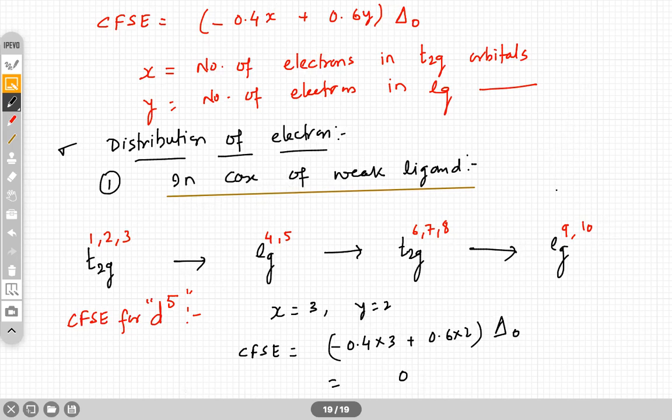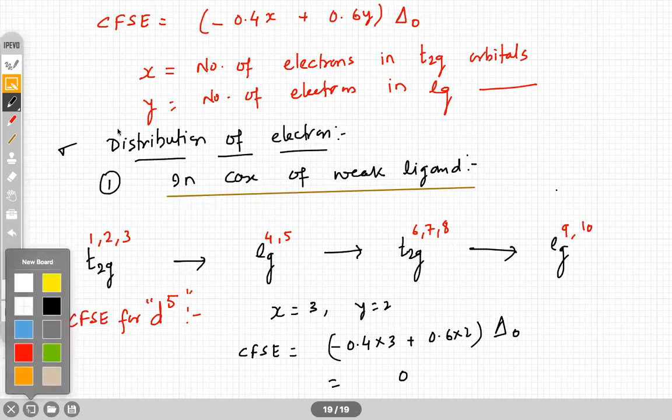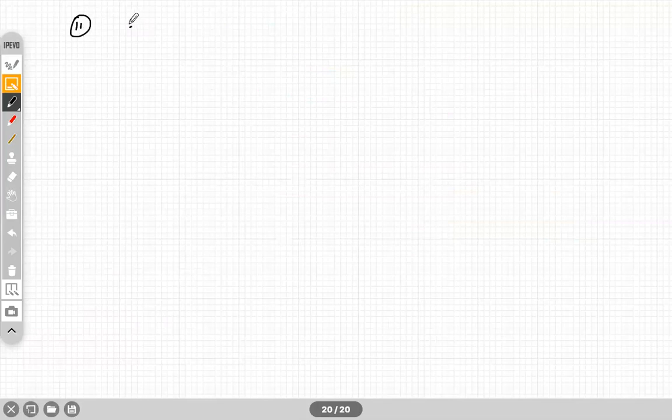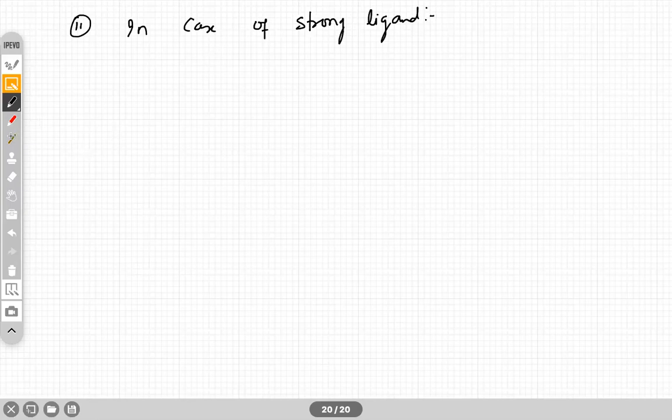Now, when the ligand is strong, second case: in case of a strong ligand, the energy gap between the two orbitals, Eg and T2g, will be more, and the distribution of electrons does not follow Hund's rule.